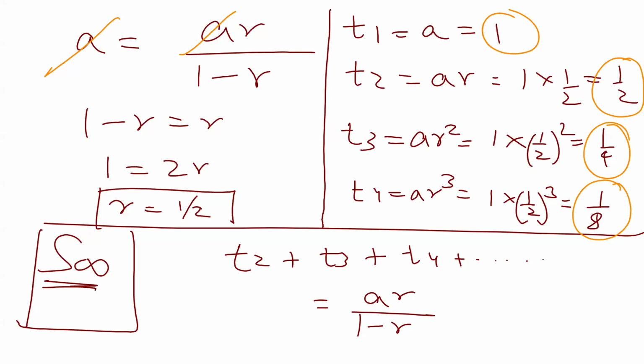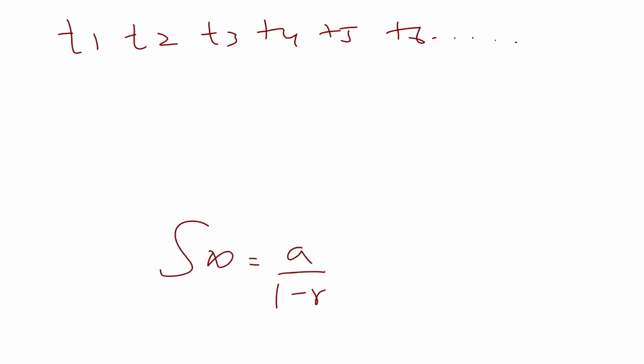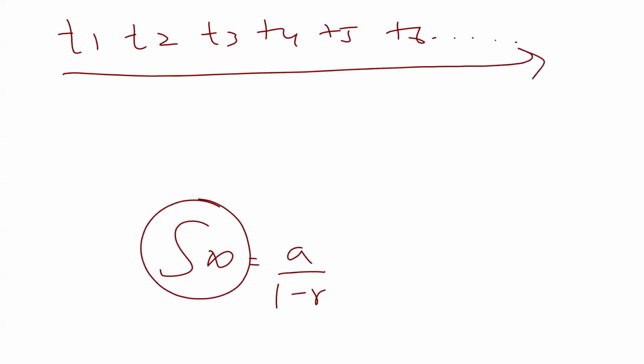Now see, let me explain this. Some students are having doubts over here. Now T1, T2, T3, T4, T5, T6, dot dot dot, this is an infinite GP. S infinity formula is A upon 1 minus R. What is the meaning of S infinity? Addition of all these terms.